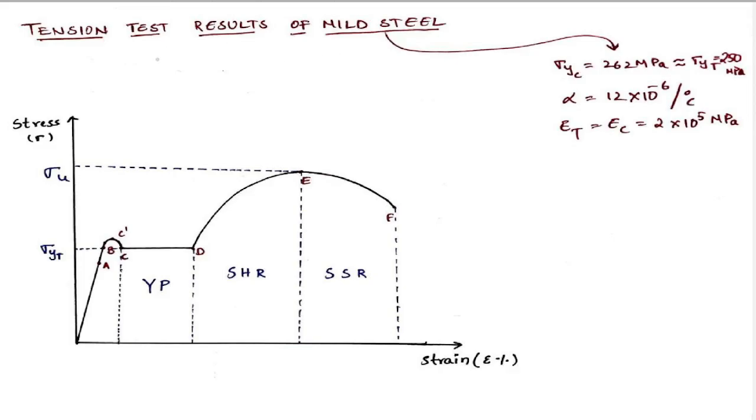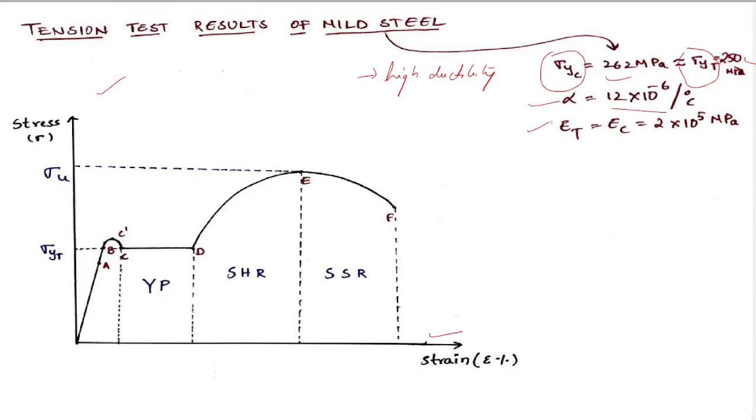Now, let's come to the stress strain curve of mild steel. Mild steel is a metal which has high ductility. In case of mild steel, the yield stress in compression and yield stress in tension are almost the same, which is 262 and 250, and the coefficient of thermal expansion is 12 into 10 power minus 6.